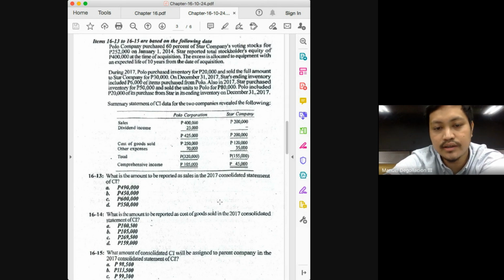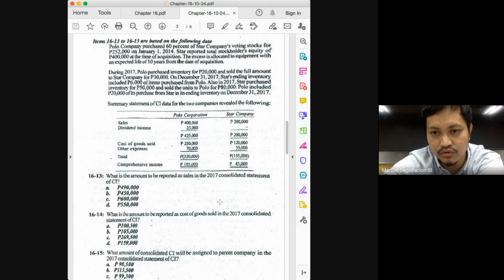Now, just as another way of getting your 113,500, go back to your consolidated sales. How much was your consolidated sales? 490. Ignore your dividend income. How much was your consolidated cost of goods sold? Was it 269,500? So deduct 490 minus 269,500.